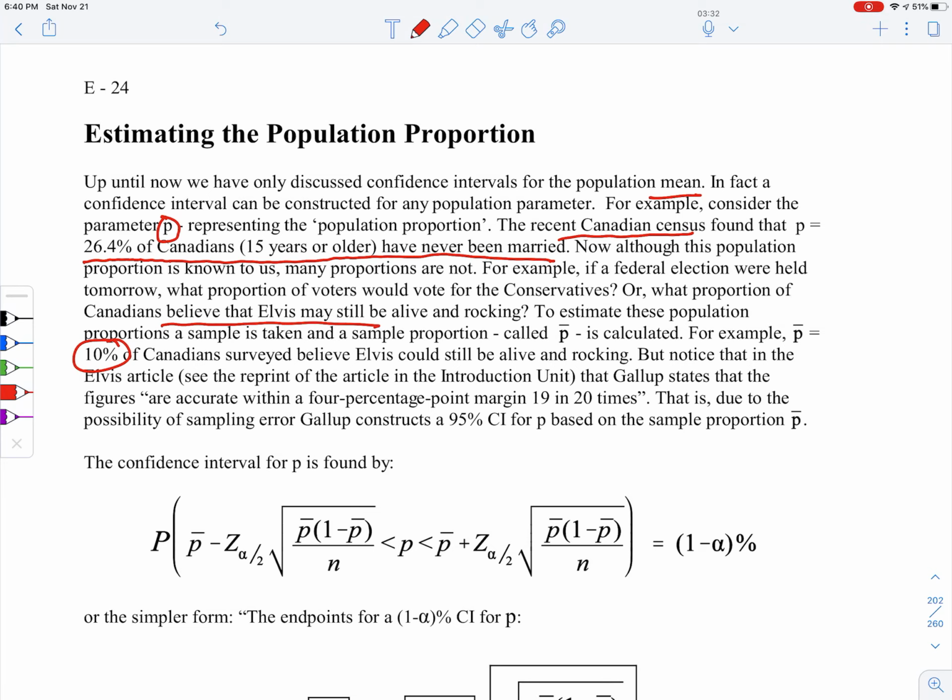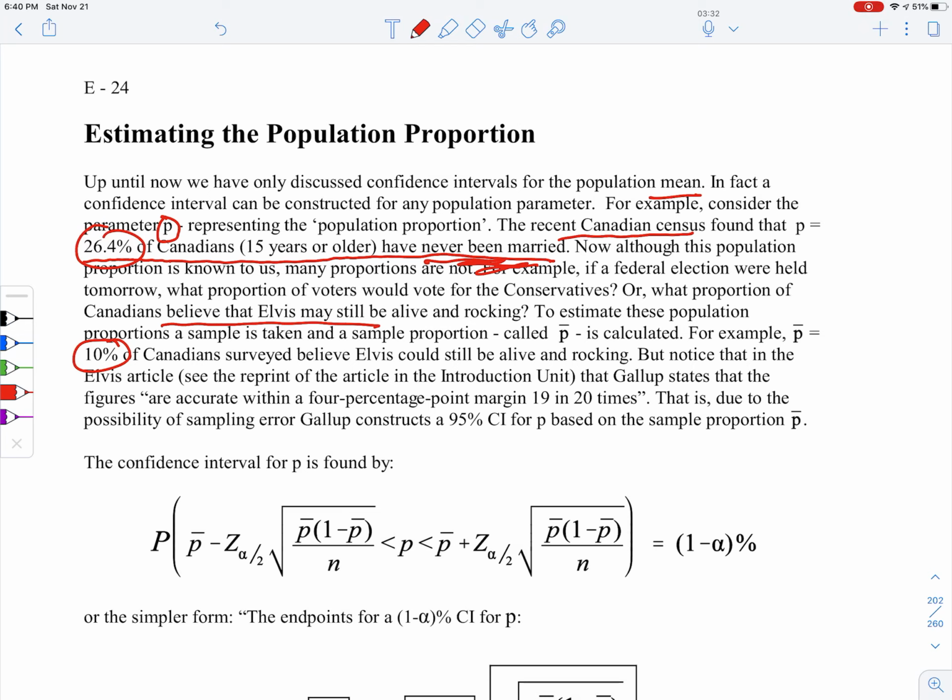So we can estimate the P, the proportion, which is just really a binomial proportion from Unit B. And so you either believe that Elvis is alive and rocking or you don't. And you can take a look here at whether you're single or, in this case, never been married or not.